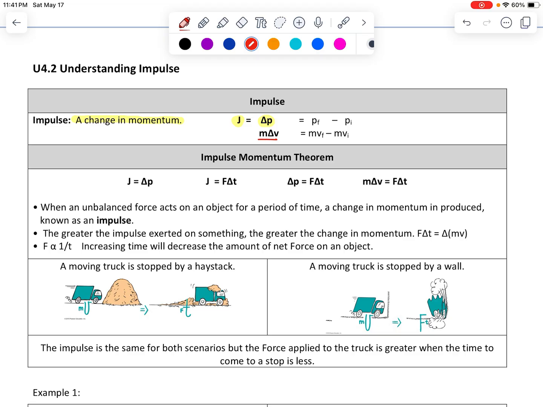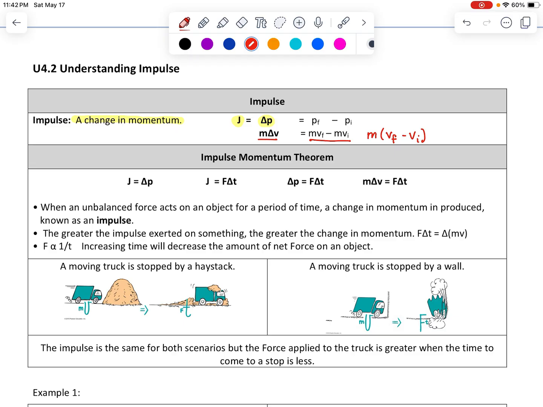I'm not saying that it can't, but in most of the cases that we're going to solve, we're really going to solve it as m Vf minus m Vi, or I like to solve it as m times (Vf minus Vi). Notice m is in both of those equations, and so I can combine them together.